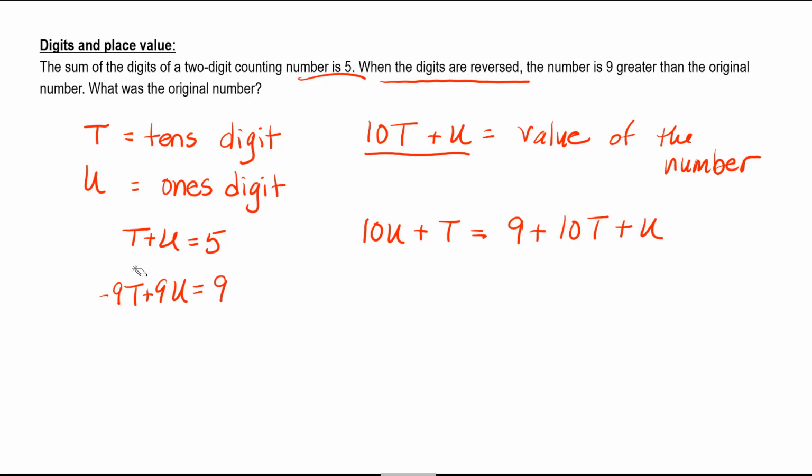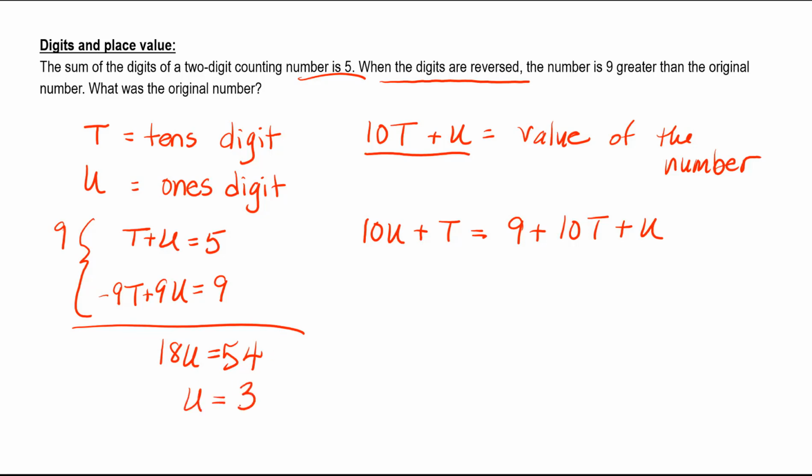So these are our 2 equations now. We can solve just by multiplying the first equation by 9. So we'd have 9t minus 9t. The t's are going to cancel. Then we have 9u plus 9u, which gives us 18u. And then 9 times 5 is 45, plus 9 is 54. That means u is going to be 3.